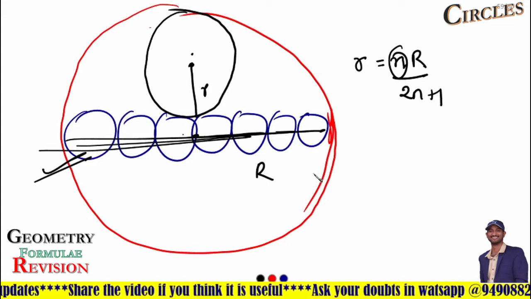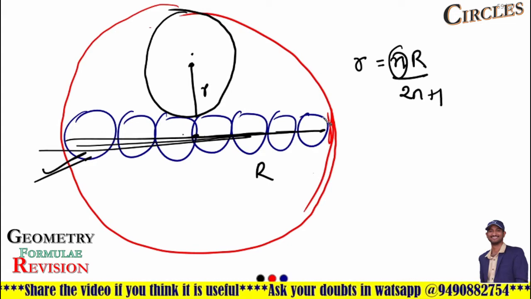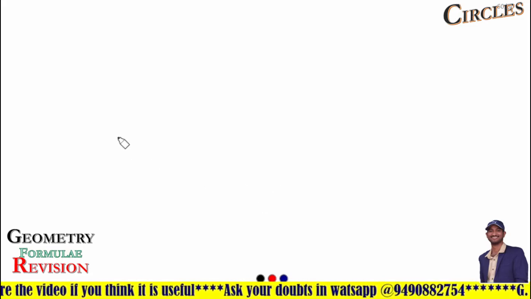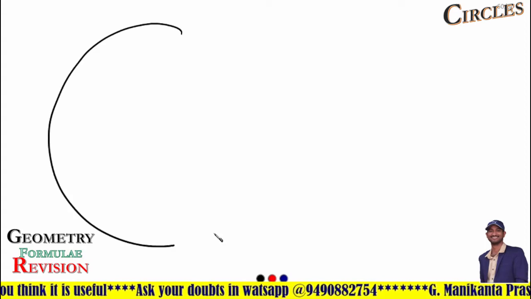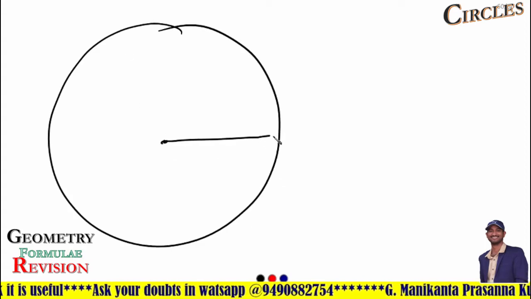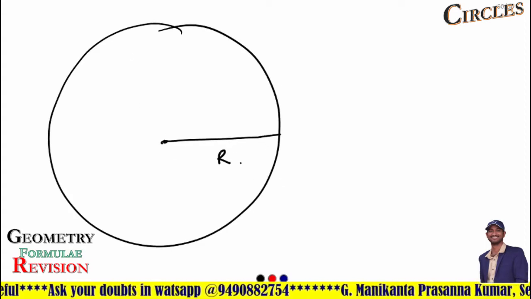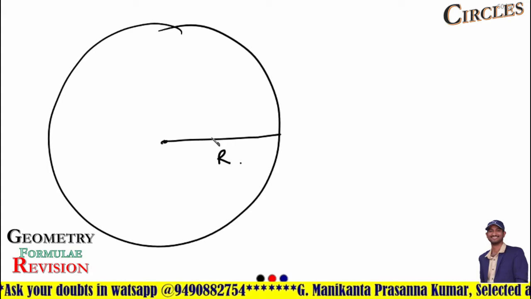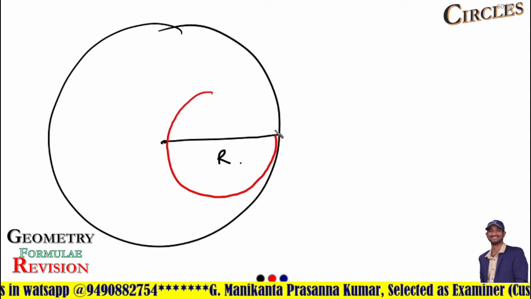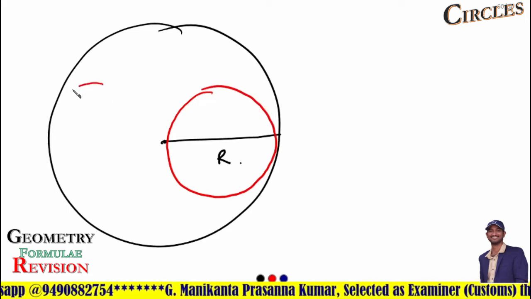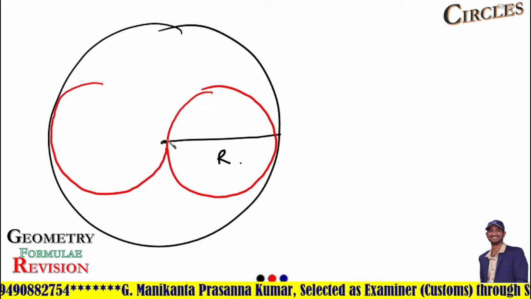Okay, this is not very important, but mostly you will get it like this. There is a bigger circle of radius capital R. Now, with the radius of the bigger circle, I will draw two circles whose diameters are the radius of the bigger circle.